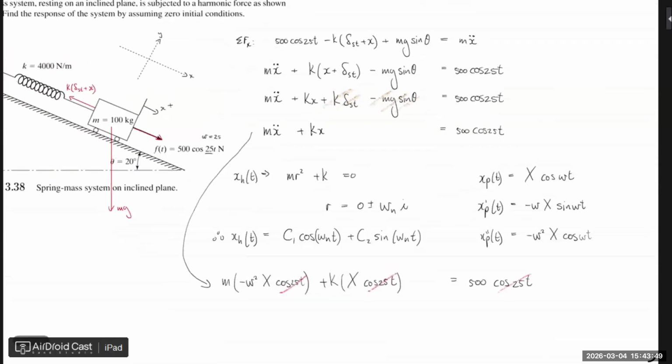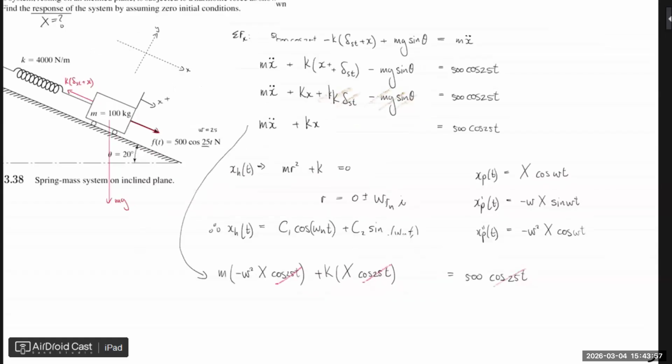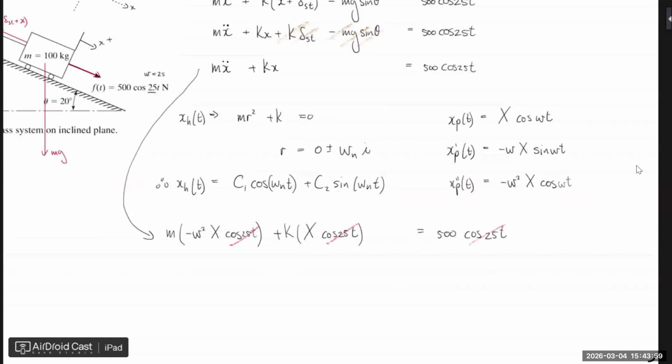And what did they ask? They asked for the response. So that final answer, what they want is x. What is the response? And we are busy now calculating that x. So I have negative m omega squared plus k. That's equal to 500.